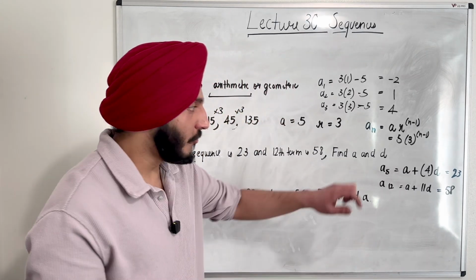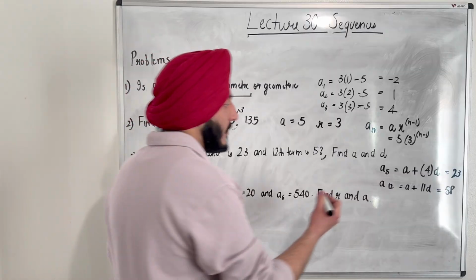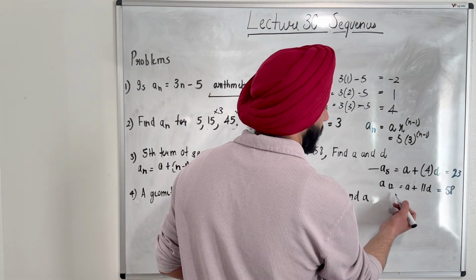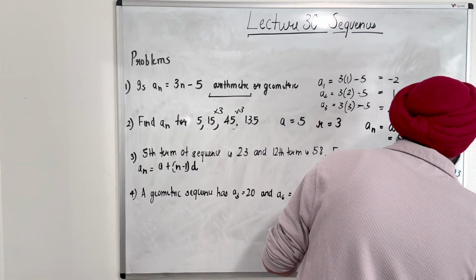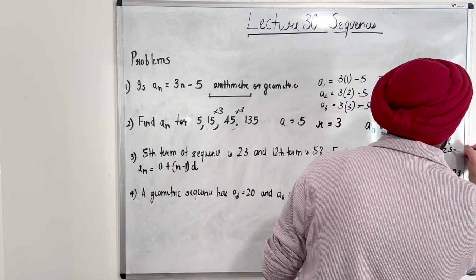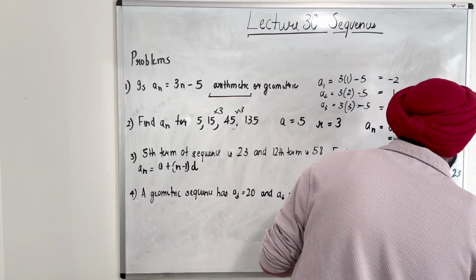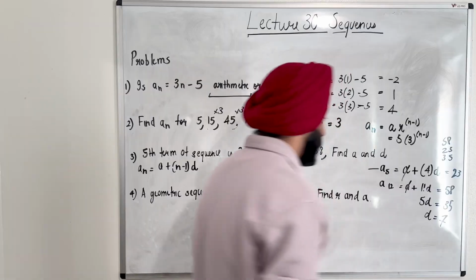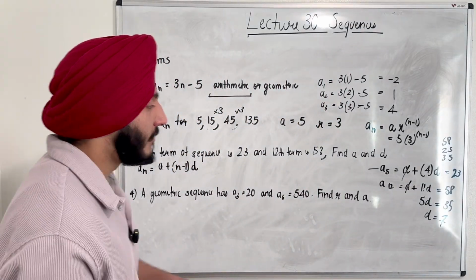Okay, so you have two equations over here. Now this is where the interesting part comes in. I'll simply subtract this equation from this equation, leaving me with 5d equals 58 minus 23, which is 35, and this gives me d equals 7, right? Very simple to understand.